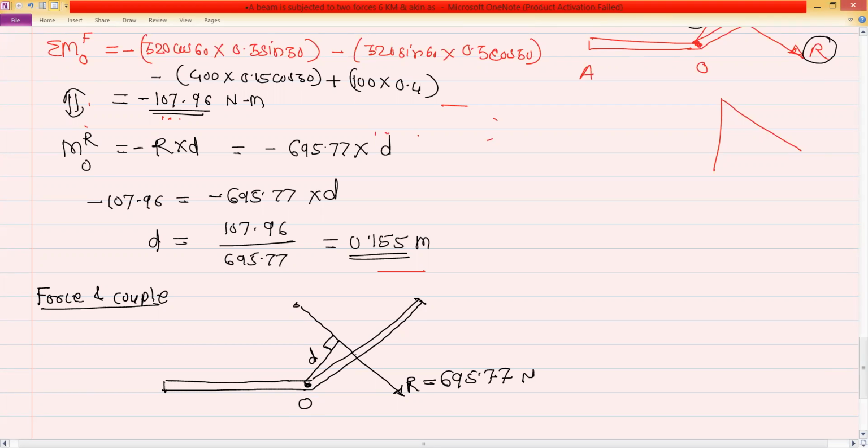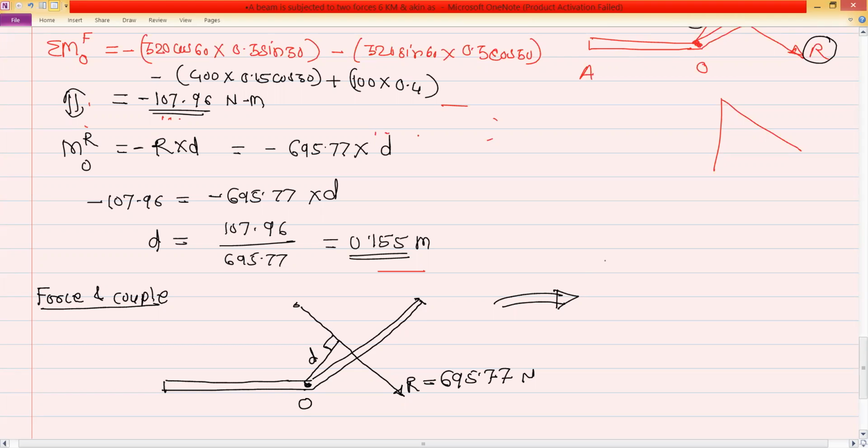Now we have to replace the complete resultant about the point O. That means we have to shift the resultant to point O and draw the equivalent effect. So its equivalent diagram will be: just shift this resultant as it is to point O and take the moment by this resultant about the point O.